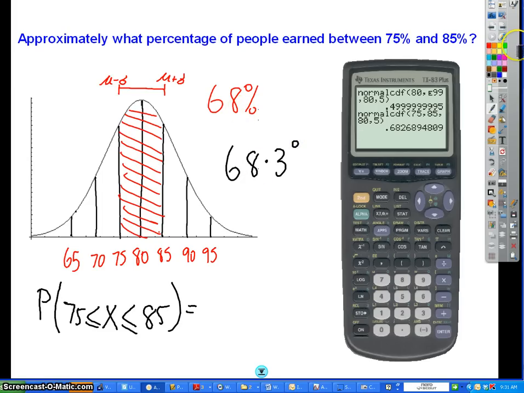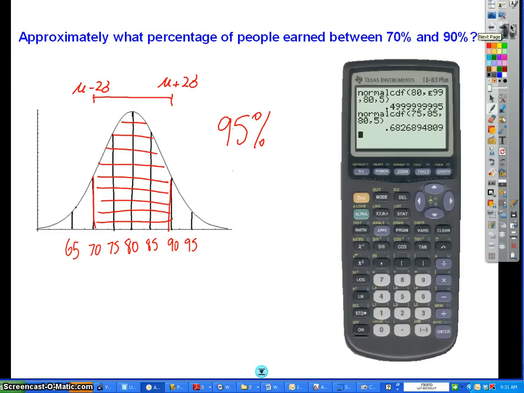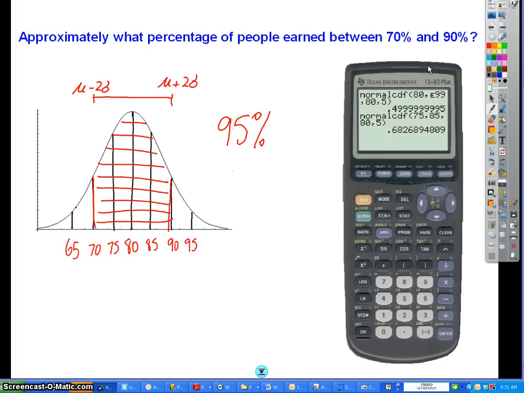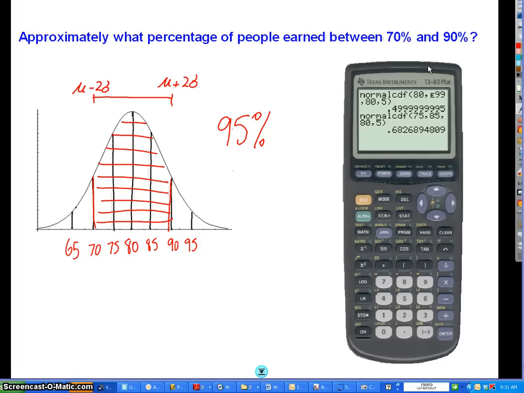Well, let's go to our next one. Right, pause at any time, guys, and go ahead and have a look at these. Pretty straightforward. Once again, here we're going to set up our distribution. We want x to be less than or equal to 90, greater than or equal to 70.